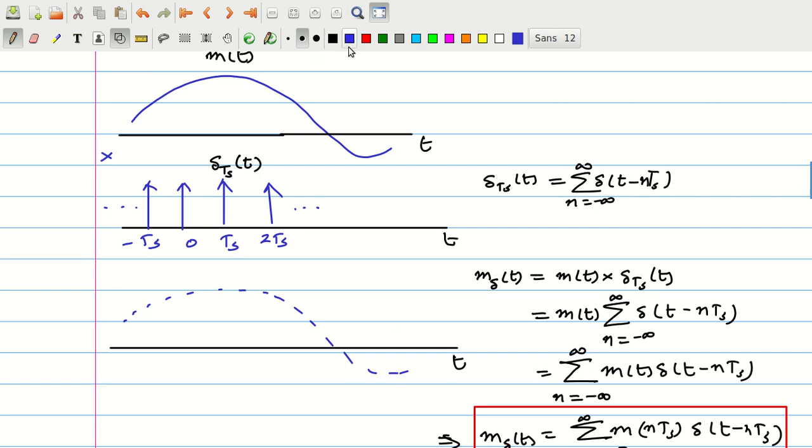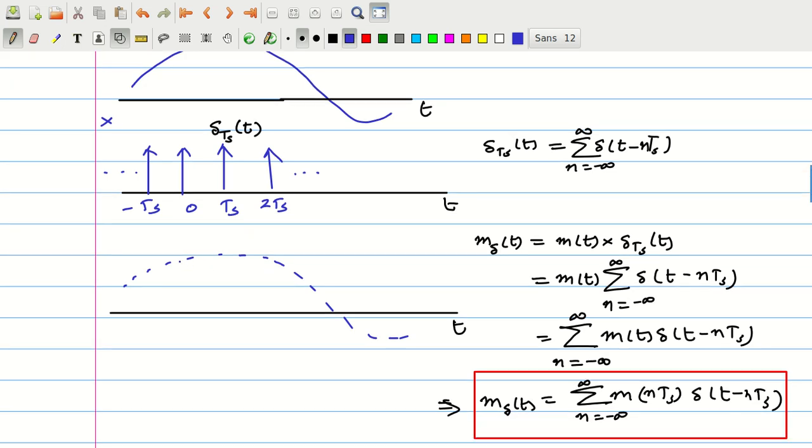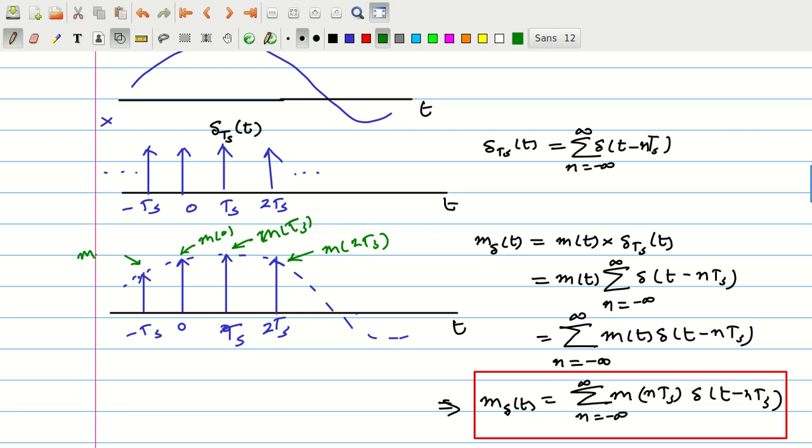So we get a signal which is an impulse train, and impulses are occurring at t equal to 0, t equal to Ts, t equal to 2Ts and so on, minus Ts and so on, and we can see that the strength of the impulse here is m(0), this is m(Ts), this is m(2Ts), this is m(minus Ts), and so on.